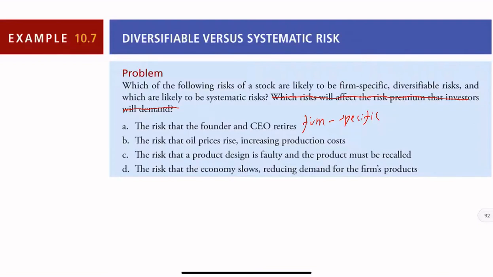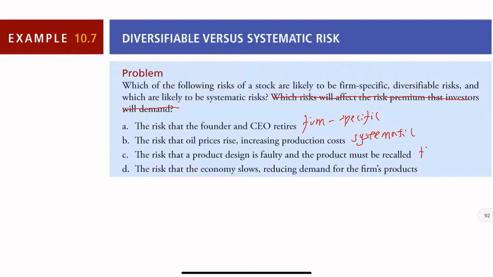Now the second one says oil price rises, production costs are higher. This should be systematic risk, right? Because this risk affects all firms in the economy. So this one is systematic. Problem C says the risk that a product design is faulty and the product must be recalled. This is firm-specific, right?